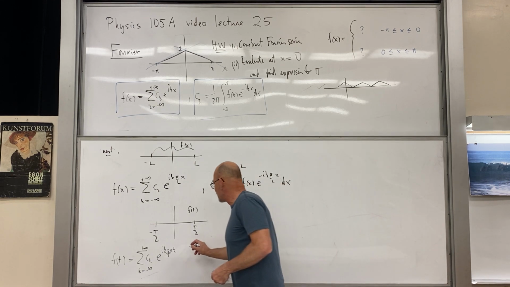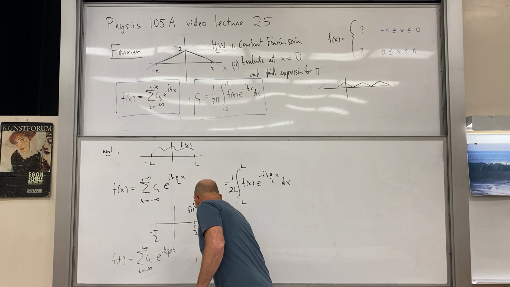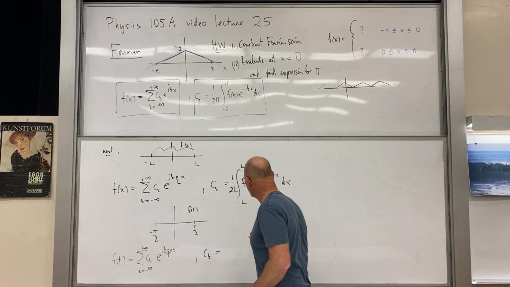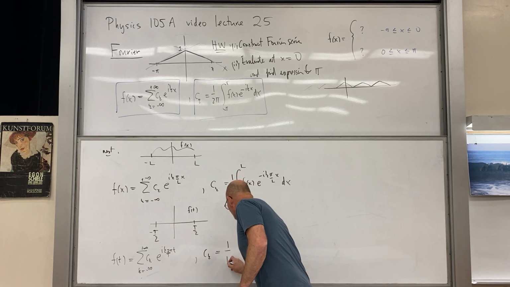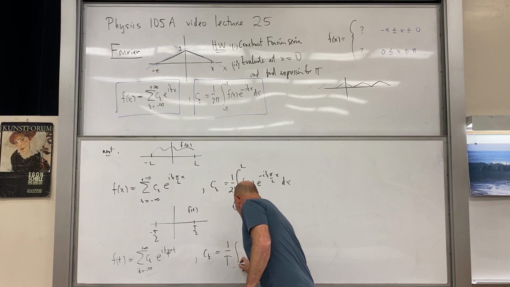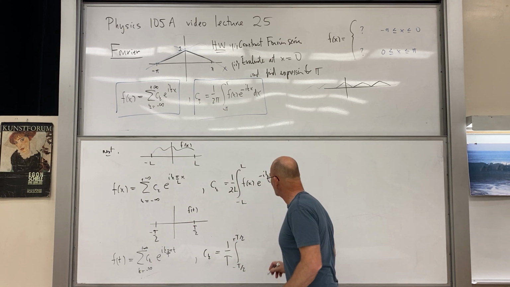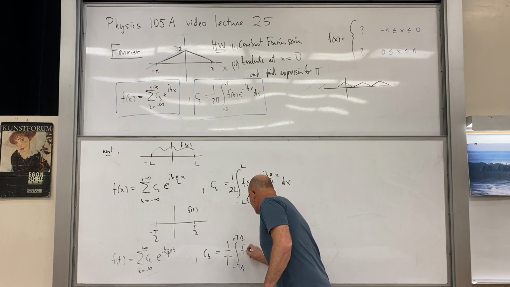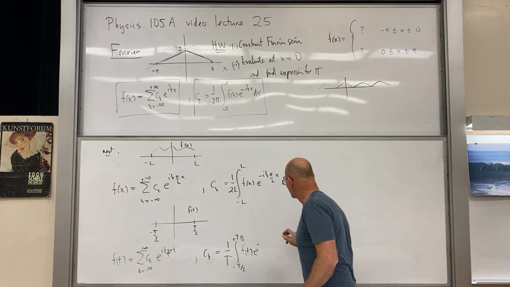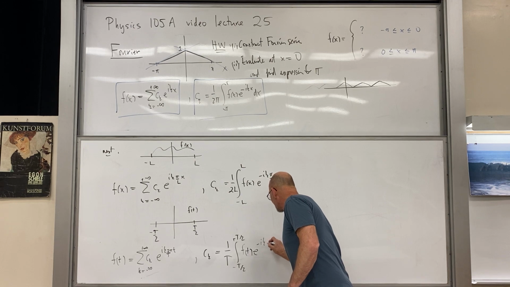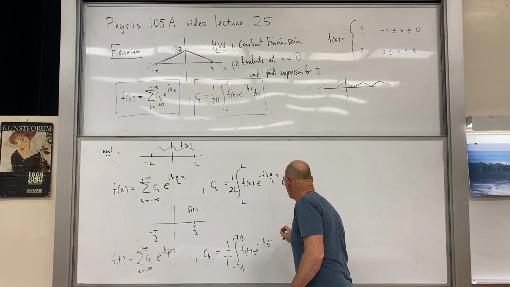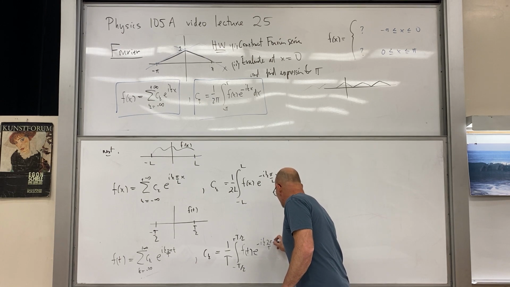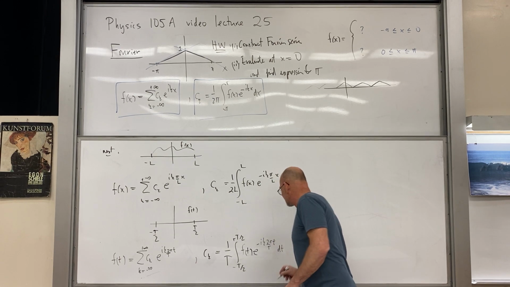Okay, so that's what happens. So that's important. And our coefficients are going to be 1 over the period, minus T over 2 to plus T over 2 of f of t e to the minus i k 2 pi over T times t dt.